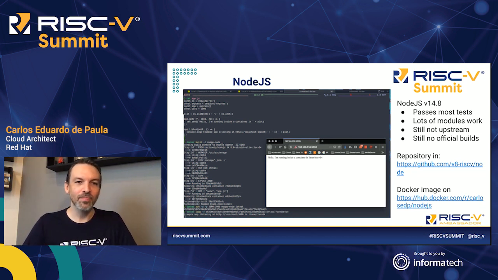Here you can see a screenshot of a demo of a small application that I built using Node.js and a well-known framework called Express.js, running a hello world: Hello, I'm running inside a container in Linux RISC-V. So a lot of improvement. It's a huge project from the Huawei team, because Node.js depends on the JavaScript virtual machine called V8, and it's very low level. So it's amazing work, and you can see the presentation video from the RISC-V Global Forum on YouTube from September. I'll leave a link at the end.